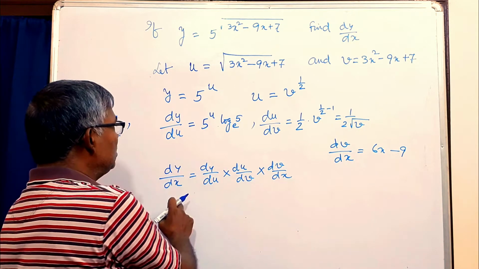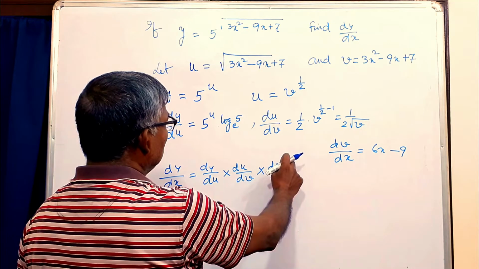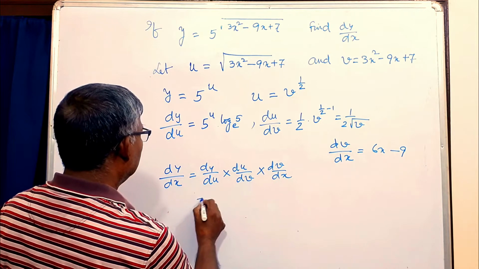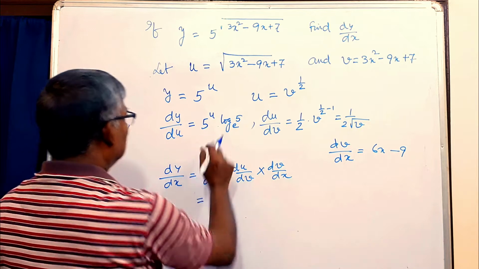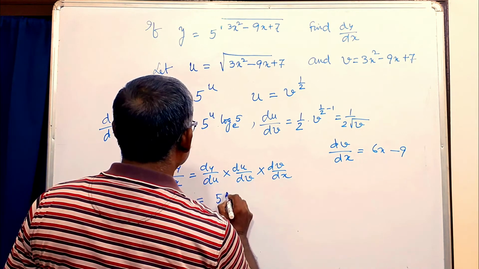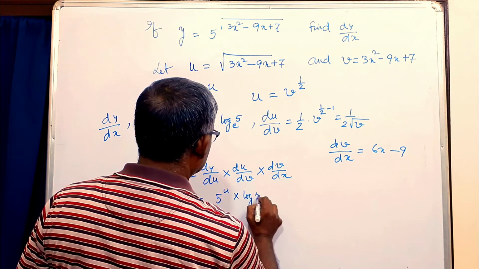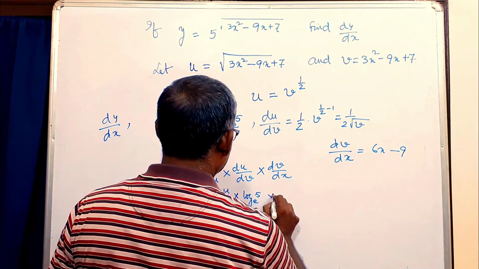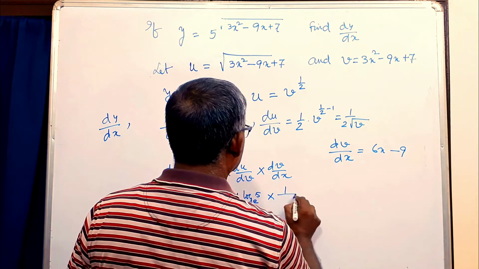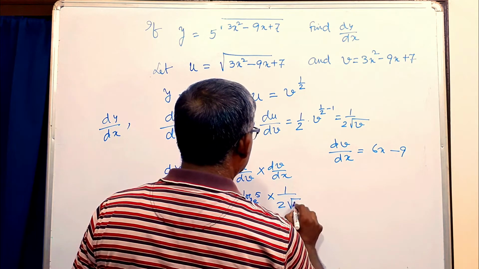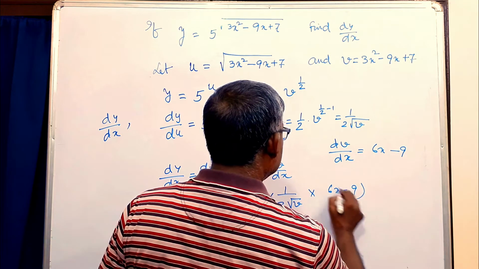So dy/dx equals dy/du into du/dv into dv/dx. So let us put the values. What is the value of dy/du? That is 5 to the power u into log 5 base e into du/dv, half root over v into 6x minus 9.